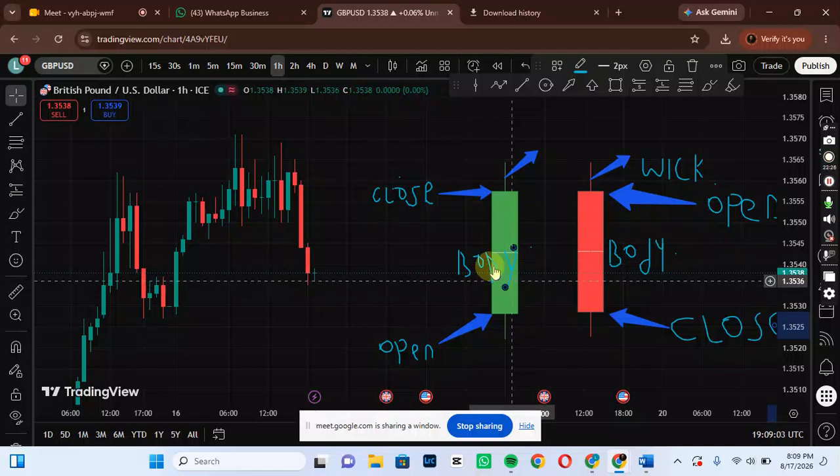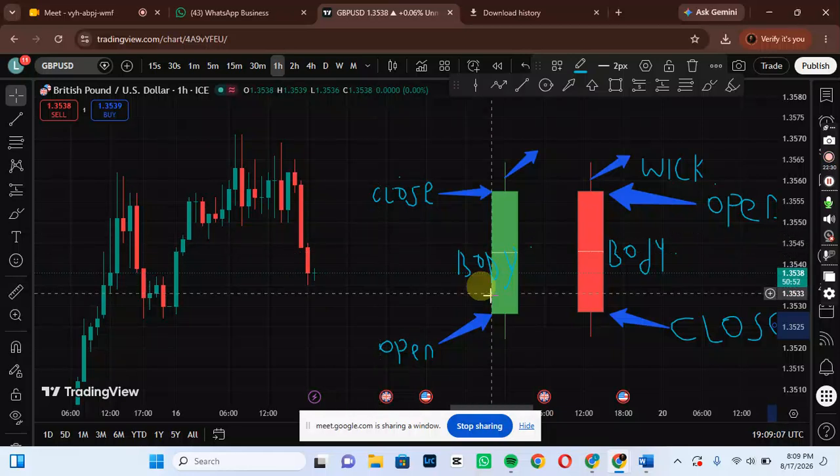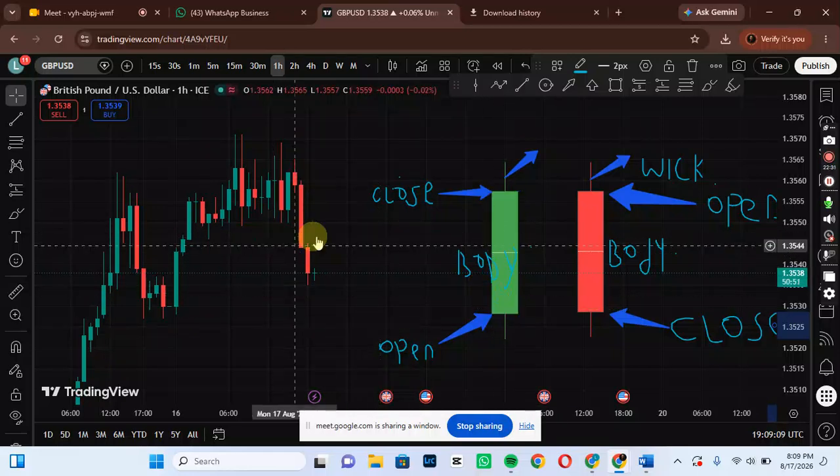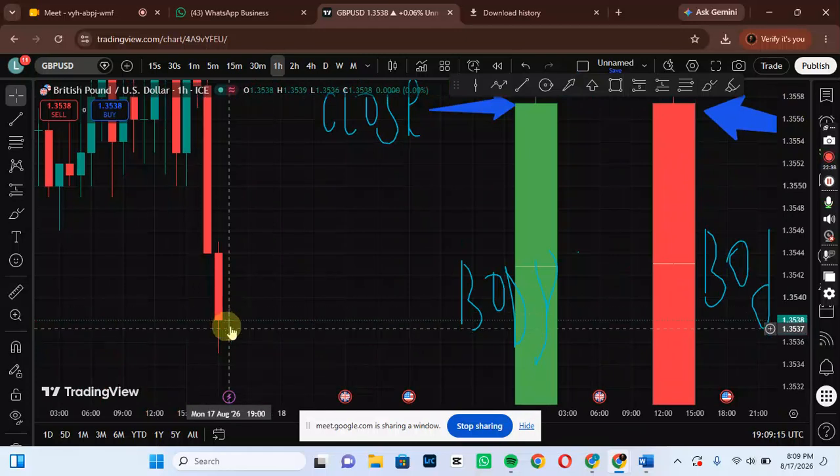Most of the time you see that volatility in the market, when a new candle wants to open, just like you're seeing now. Now we are trying to have another open of a new candle here.